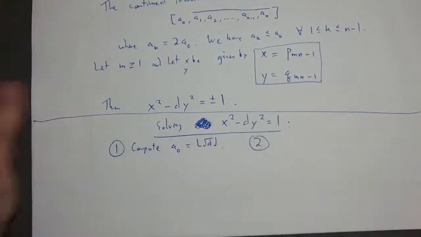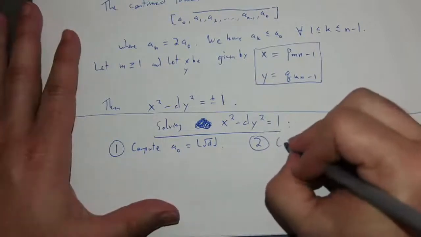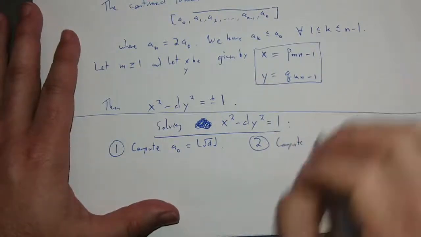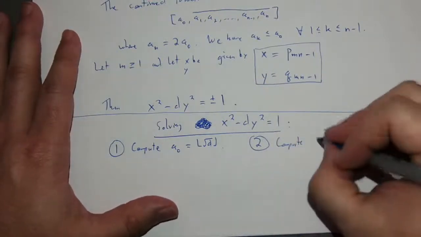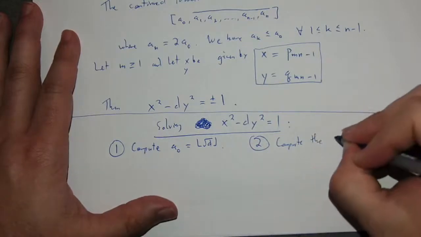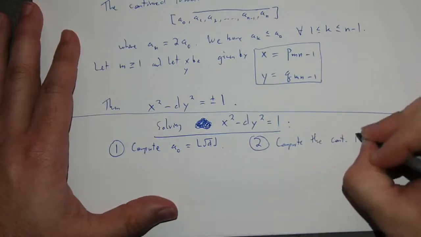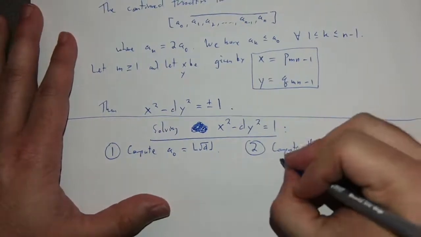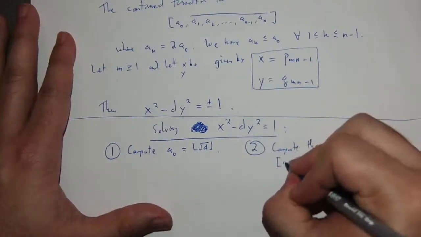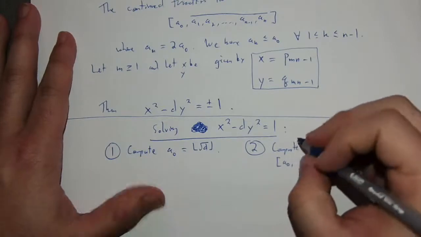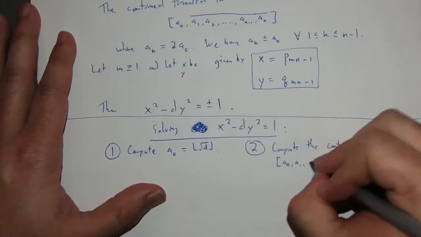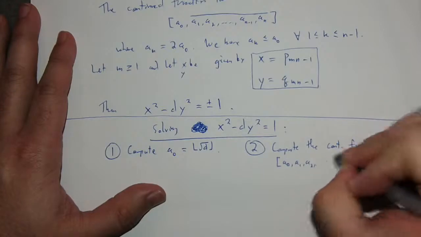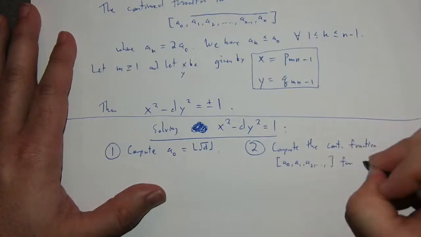Step 2 is compute the continued fraction, which is bracket a naught, a1, a2, and so on for square root of d.